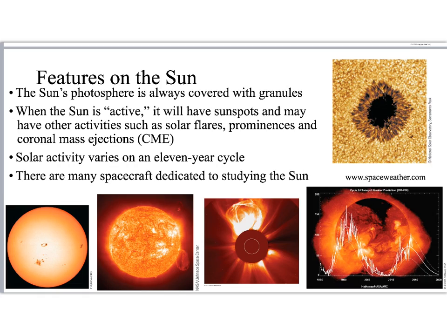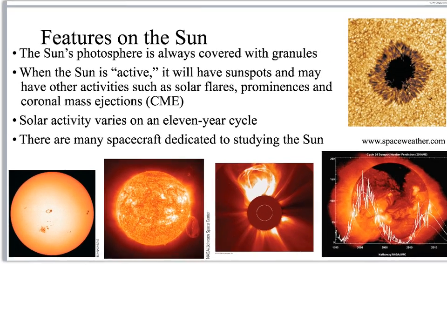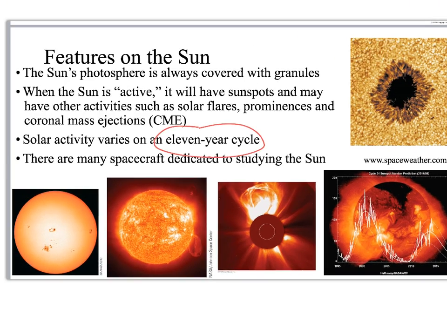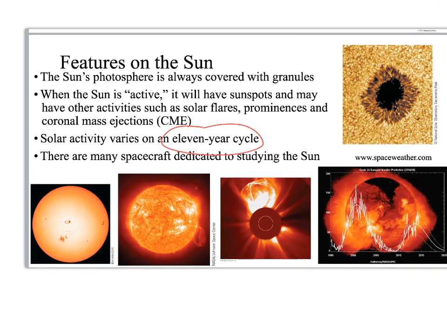Features on the sun. I won't have a test question about features, but I will have a test question about this: in order to understand the 11-year cycle, you need to know in general that the sunspots, and this is a sunspot up here, sometimes the sun is blank, and right now the sun is really pretty darn blank.